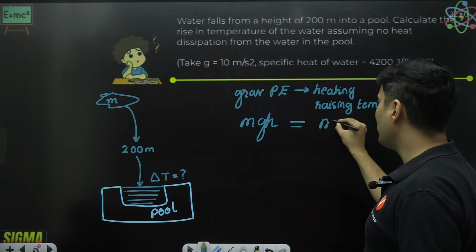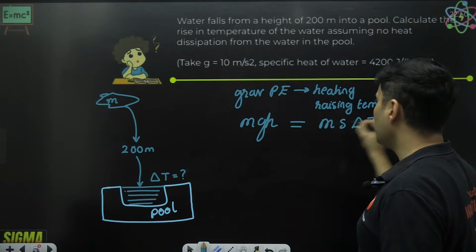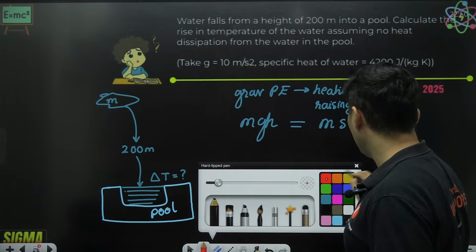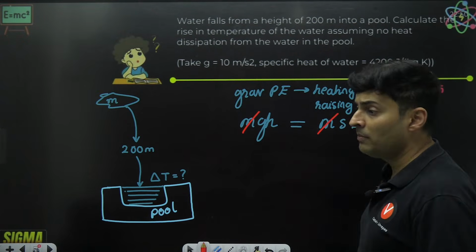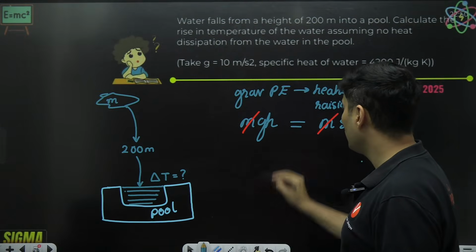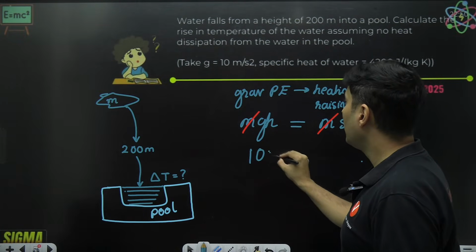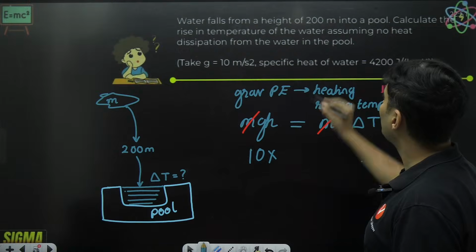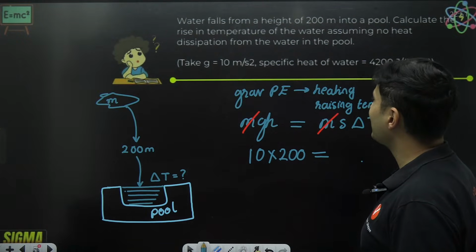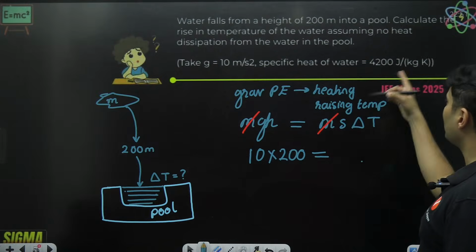Heat required will be m s delta T. M will get cancelled. Yes, can you see that? This m and this m have got cancelled. Very good. So what do we do now? g is 10. h is 200, so I'll put 200. S, where is S? Here.